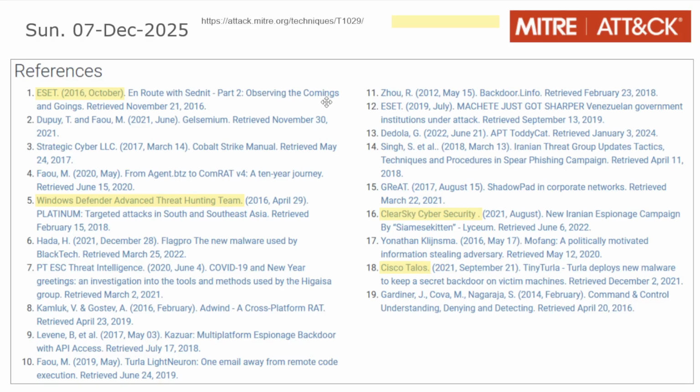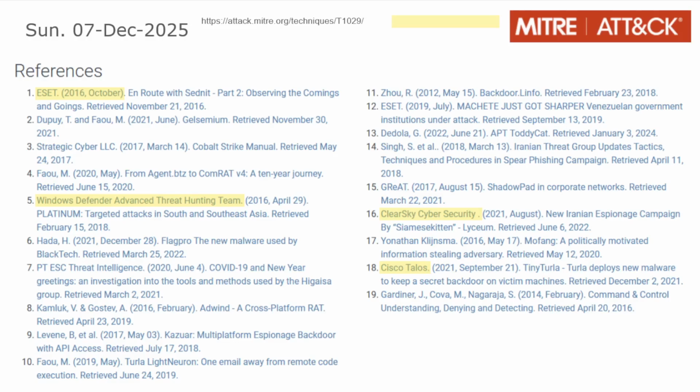Yeah, that's a nice title. It's a part 2. Is there part 1 too? No. Interesting. Yeah, probably because part 2 goes into the detection techniques. And then these guys, Platinum, targeted attacks in South and Southeast Asia. Okay. Yeah, pretty nice. So let's come to an end then.